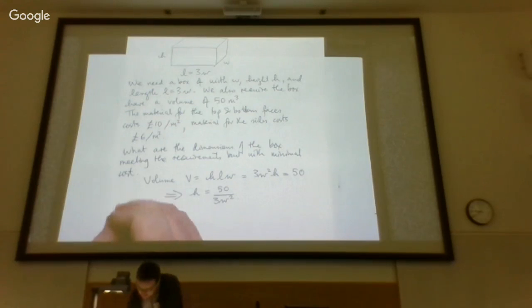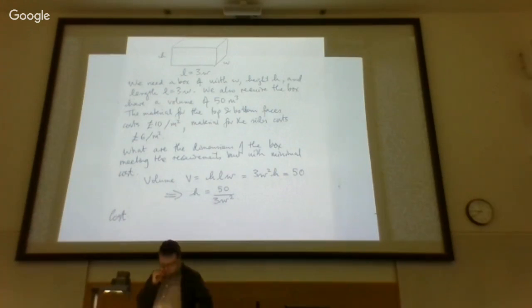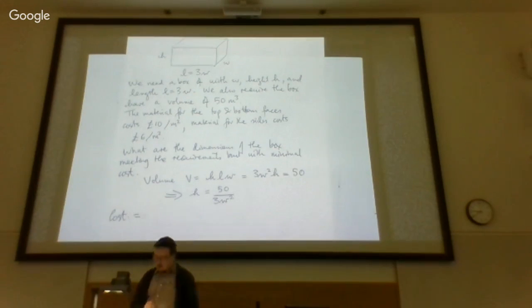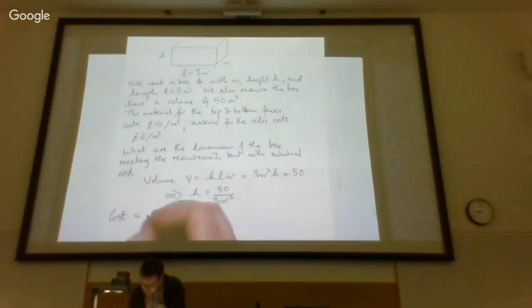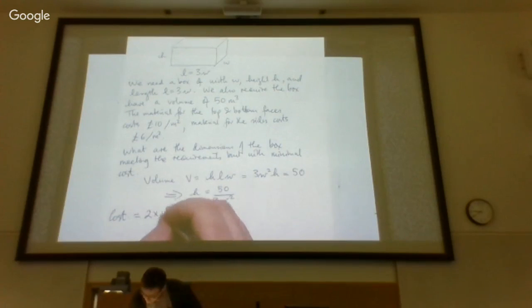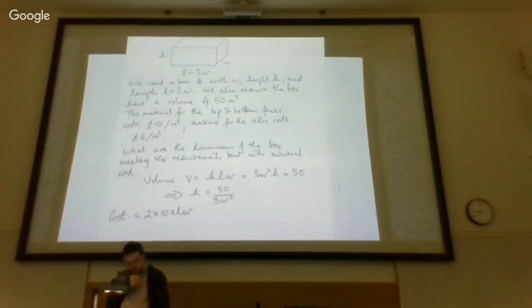So that's the volume of the box. Now let's think about constructing the cost function. So look at the top and the bottom faces. They have area L times W, and we've got 2 of them, and they cost £10 per square metre. So it's going to be 2 by 10 by LW, which is 20 LW.